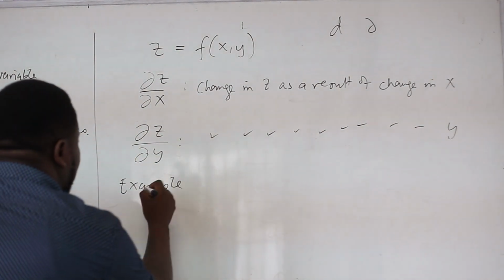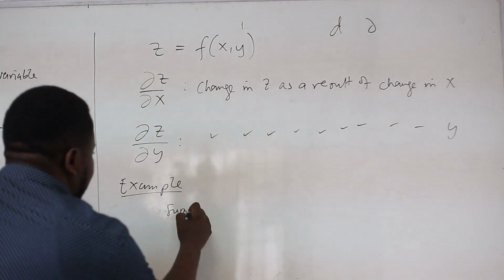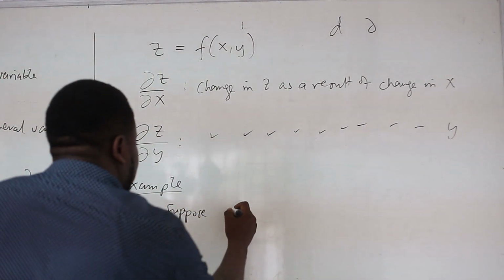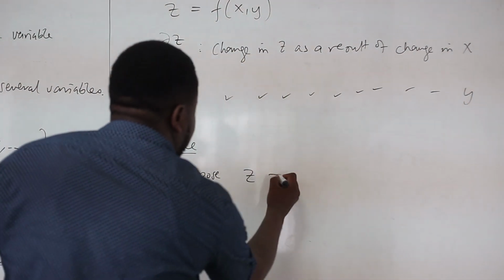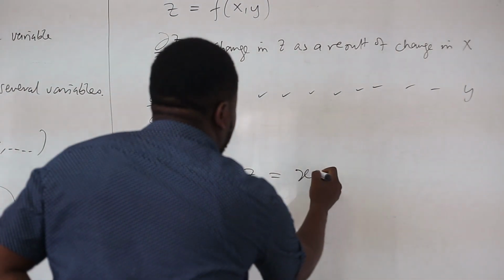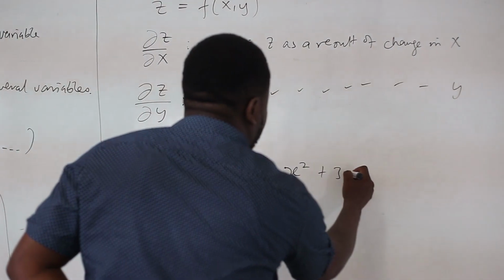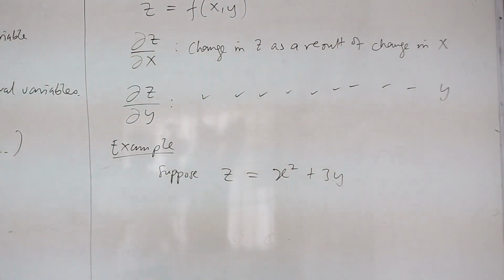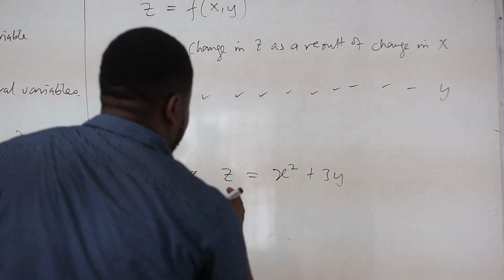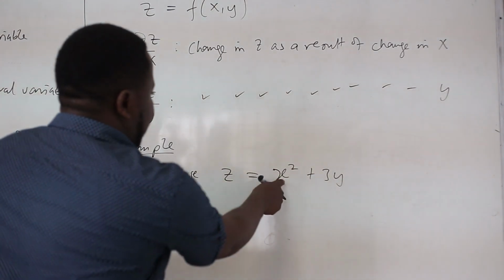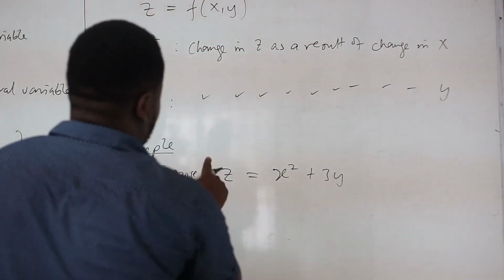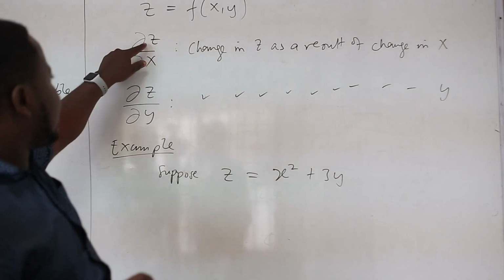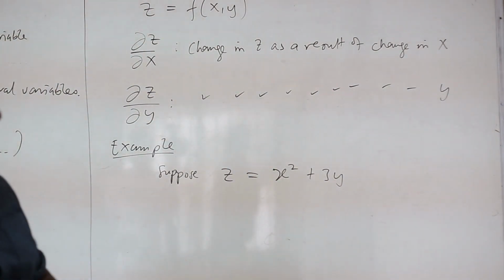So example: suppose z is equal to x squared plus 3y. We want to find changes in x on z and changes in y on z. Remember I said if you want to find dz dx, you have to hold y constant.